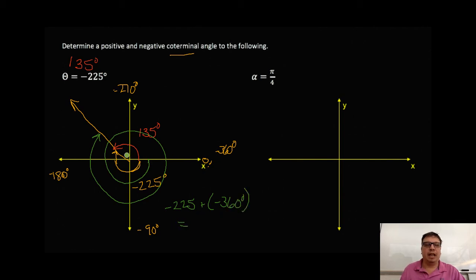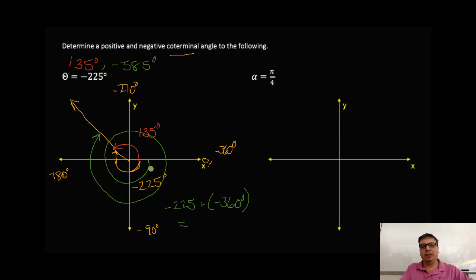So now I'm looking at an angle of 1 full revolution, which is negative 360, and then I go the rest of it to get to negative 225. So that's negative 585 degrees. So that's what we mean by coterminal angles. We're just drawing the angles that go to the exact same spot.